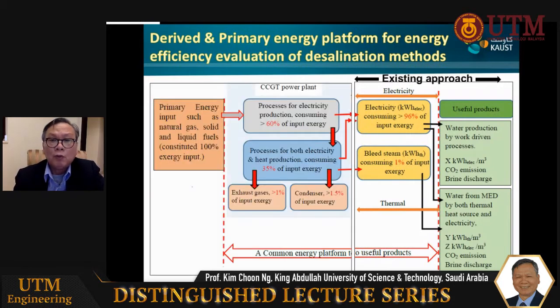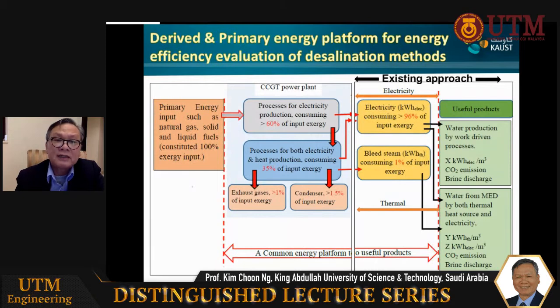In fact, we should be looking back as far as the burning of the primary energy on the left through a conversion power plant, such as the CCGT power plant. Currently, the best available power plant in the world is the combined cycle gas turbine power plant. You can notice that primary energy like natural gas is first burned in the combustor of the gas turbine plant, and it consumes more than 60% of this fuel exergy just within the gas turbine plant.